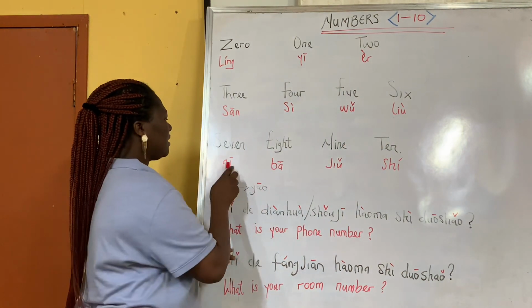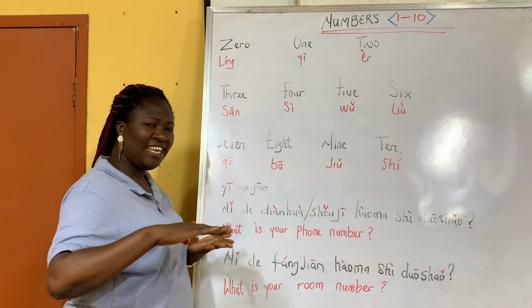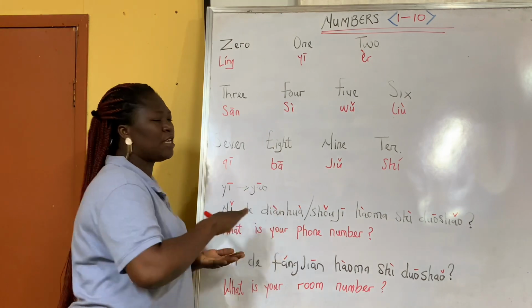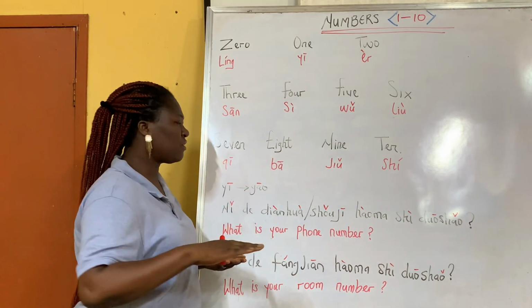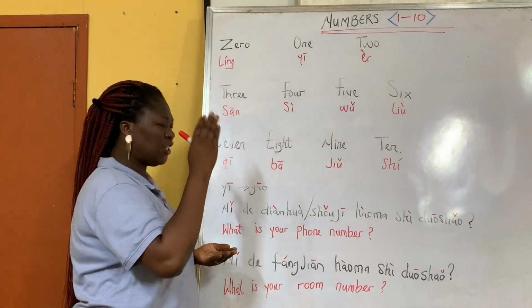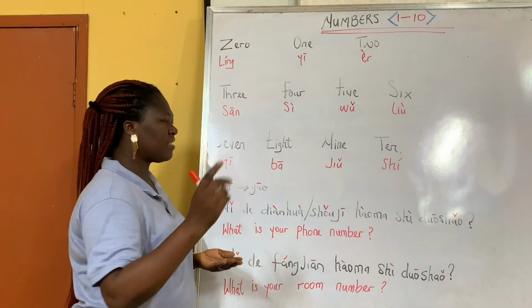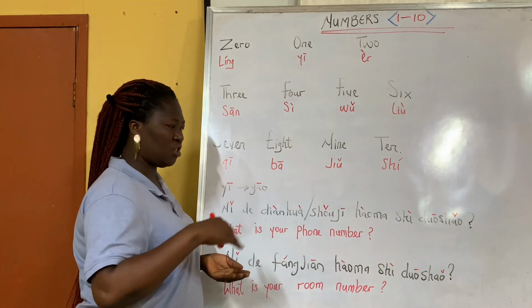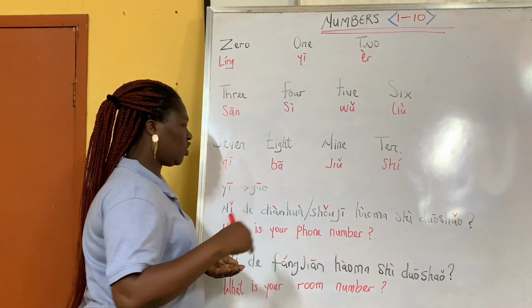Liu. 7, qi, flat tone. 8, ba, still the first tone. 9, jiu. Then 10, shi.